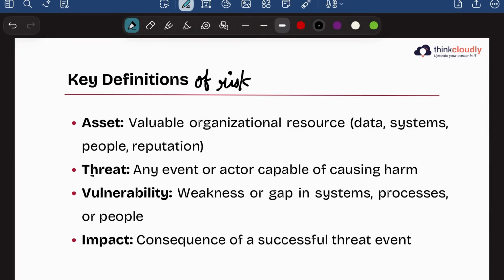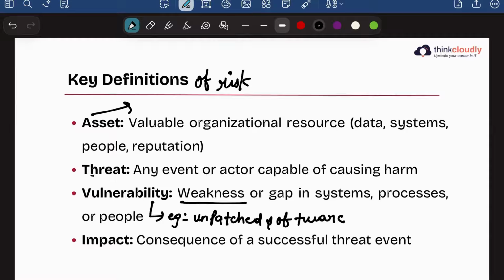Vulnerability, which I said is a weakness or flaw, or let's say misconfiguration. For example, unpatched software. If we have unpatched software in the organization, the software is our asset, isn't it? So let's consider the asset as software. Unpatched software is our vulnerability. The threat is, let's say, SQL injection.